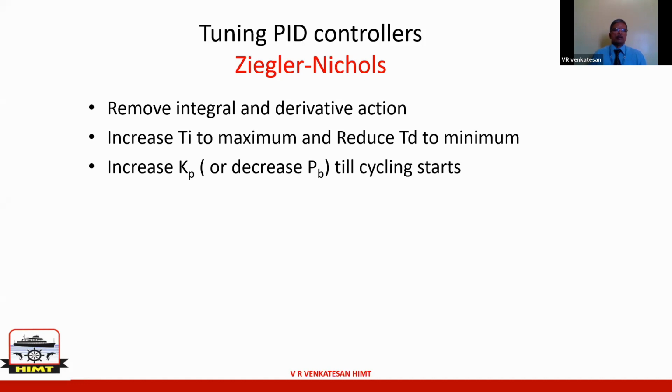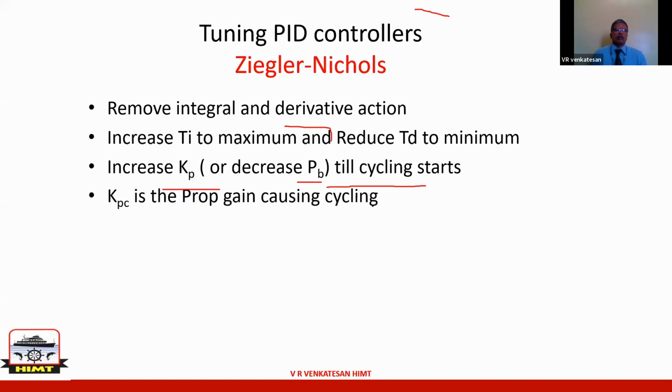What you should do then is start increasing KP. If you increase KP, what will be the result? Gain is increased more and more. After some time, it will start hunting. Cycling means it will start hunting. Excess gain causes hunting. We discussed this in the first class. Or if you have a proportional band, then your band should be reduced. Either way, it can start hunting.